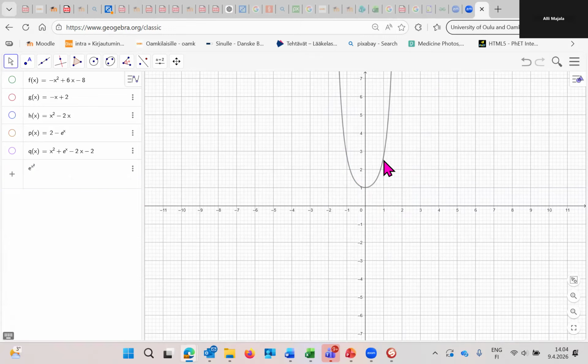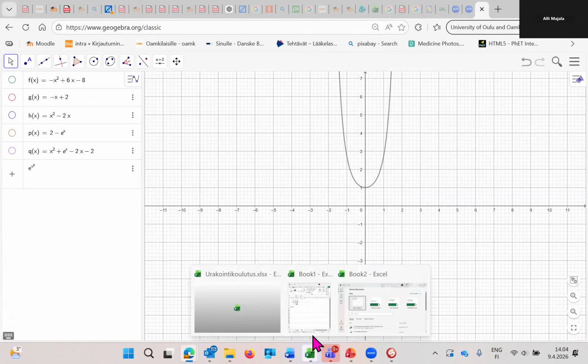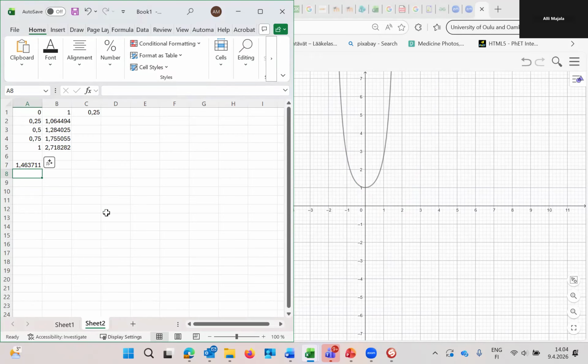So it's this area, and it's supposed to be 1.46. So it makes sense, doesn't it? Because this is not quite half. You get a little bit more. So it's about 1.5. How nice is this?